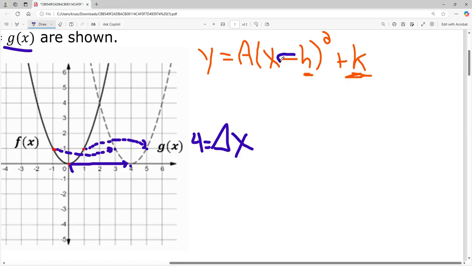What does this sign tell me to do? Well, I have to do the minus 4, right? And that's what makes it counterintuitive. If I have to make it shift 4 to the right, you have to subtract 4, right? And it's going to be like that for almost all of your different functions, right? And then for your y value is to shift up and down, but that's the next lesson, right?